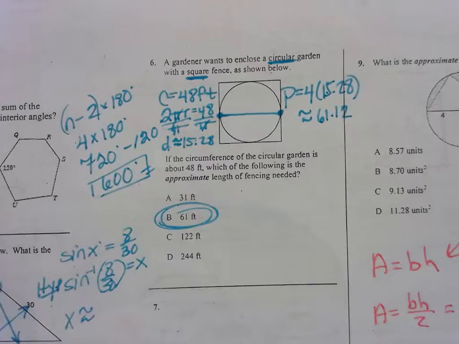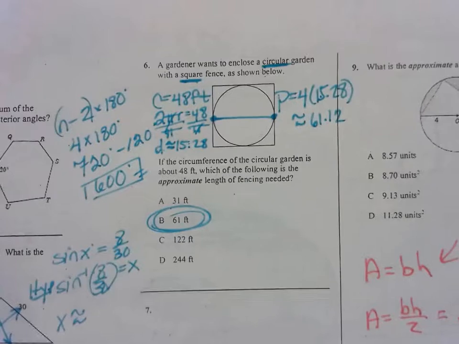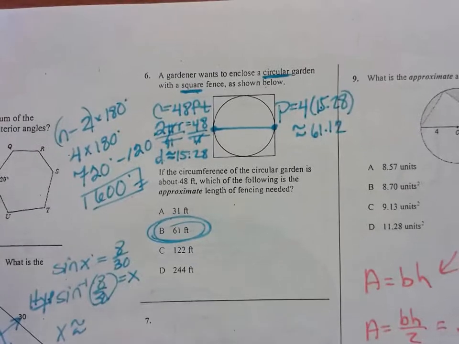So they give you the diameter, but you've got to find it. Other than that, it's a pretty easy problem, but getting there is not easy. Any questions on number 6? I like that question a lot.